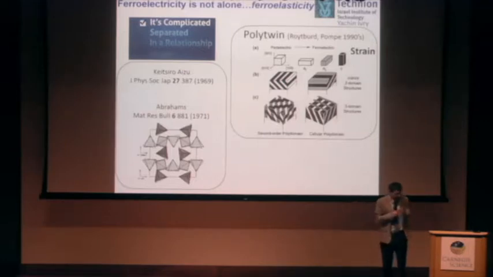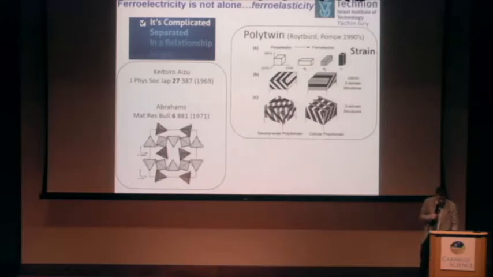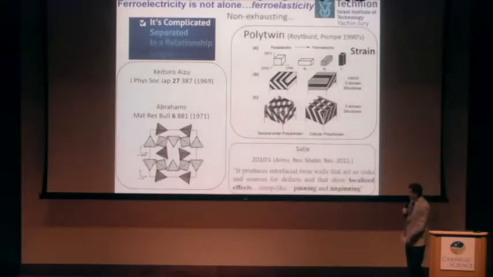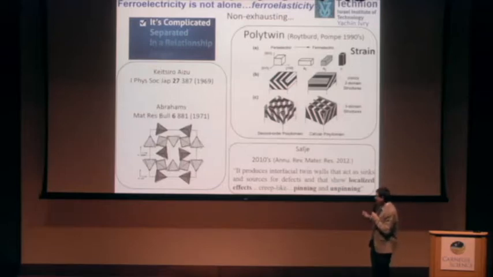This is one approach, where the strain makes a very organized and ordered structure. Another approach, emphasized by the review from Eitan Tsalih, both of whom are among the following speakers, puts a lot of emphasis on local effects, on pinning and unpinning. This is exactly the balance that we wanted to see at the phase transition.